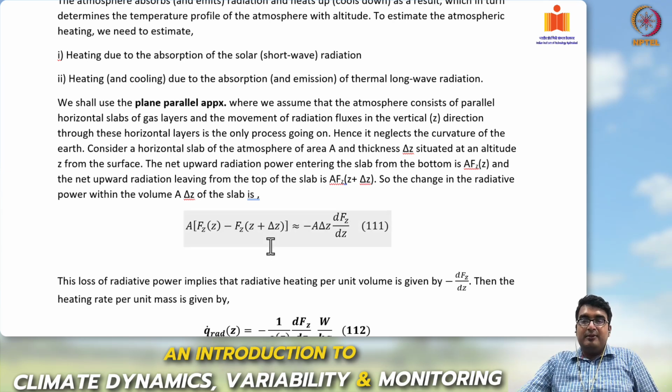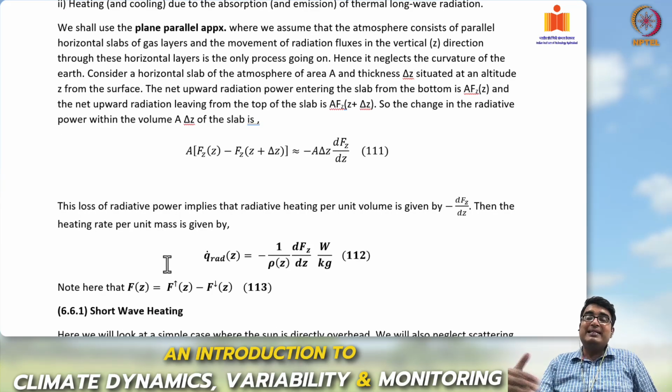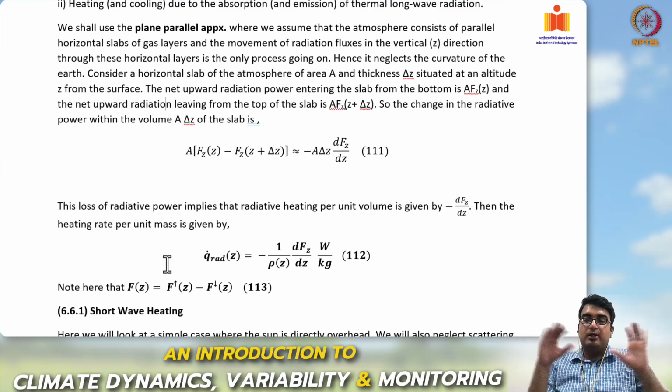So delta Fz by delta Z, in the limit, becomes A delta Z dFz/dz. This is the gradient of the flux, and this is the volume of this air layer. This is the net loss in energy per unit time of this horizontal slab of air.